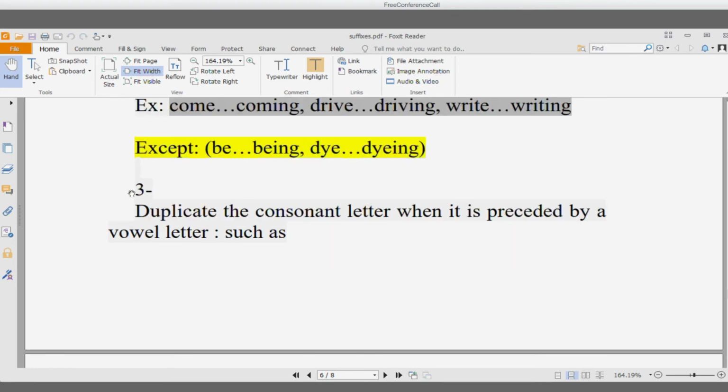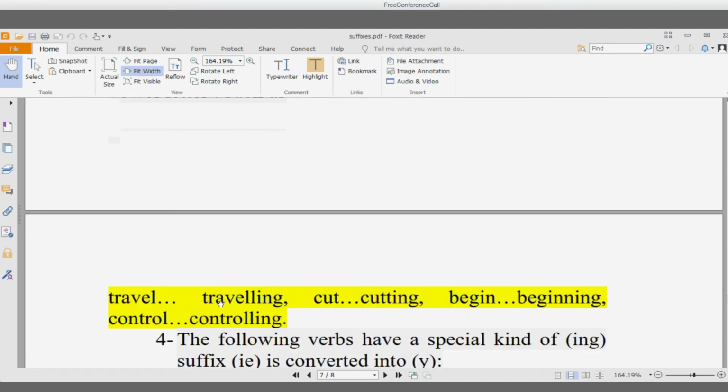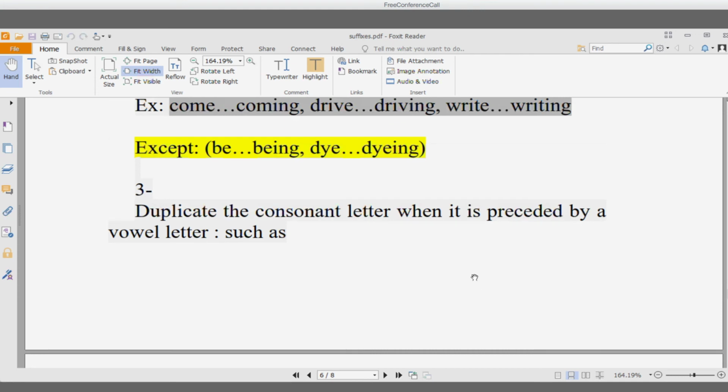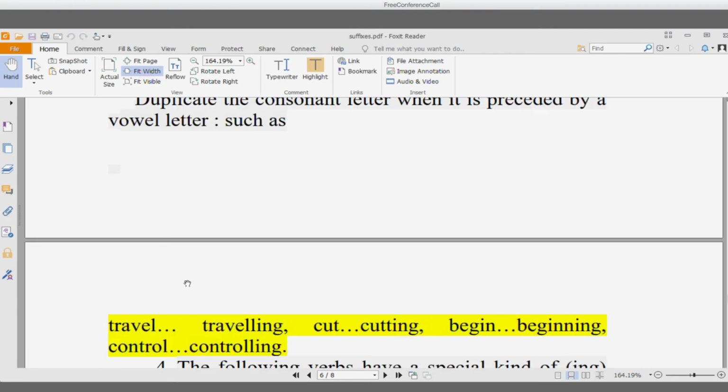Now we move to note 3. Duplicate the consonant letter when it is preceded by a vowel letter such as travel, traveling, cut, cutting, begin, beginning, control, controlling. So ضاعف الحرف الصحيح duplicate the consonant letter when it's preceded by a vowel letter. إذا انتهت الكلمة بحرف صحيح مسبوق بعلة ضاعفون الحرف الصحيح ومن ثم تضيفون السافكس.